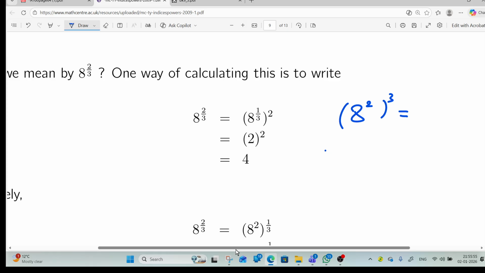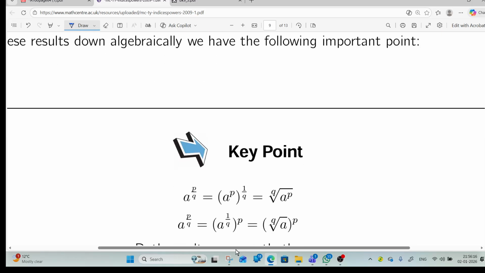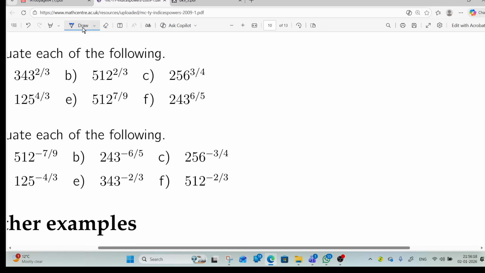Can you tell me how would you solve this? Just multiply these two. 3 times 2, 6, right? Yes.